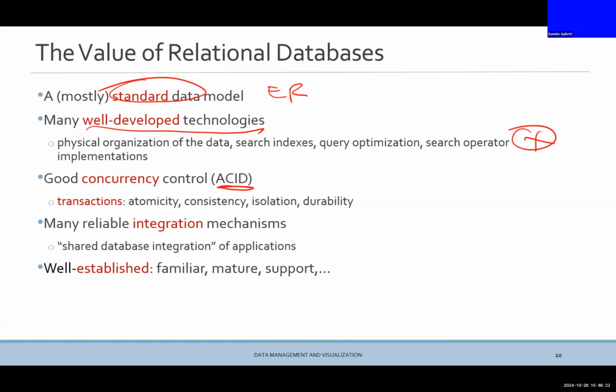ACID properties: atomicity, consistency, isolation, durability. We'll see them one by one, because we will challenge those with NoSQL. Basically, these are the financial transaction properties. Well, basically, they are very, very mature. Very mature technology, very popular, very successful.